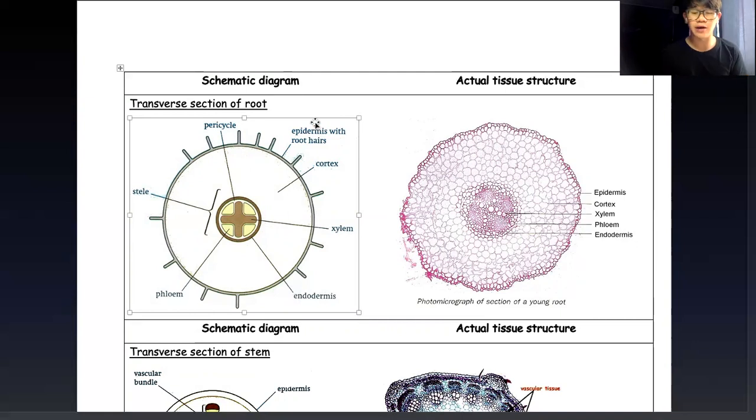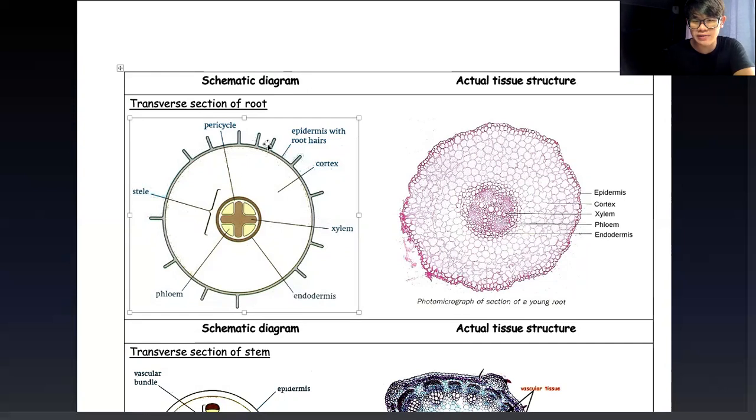If you look at the schematic diagram, what you have are these strands, the ones that look like dangling things. All these are actually the elongated root hair cells. At the end here, they actually have root hair cells, and if you remember, the root hair cells have an elongated, hair-like structure.